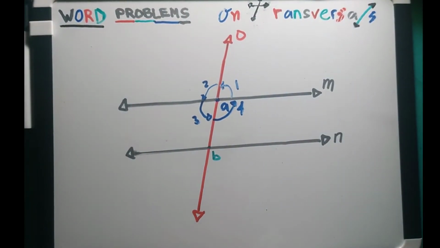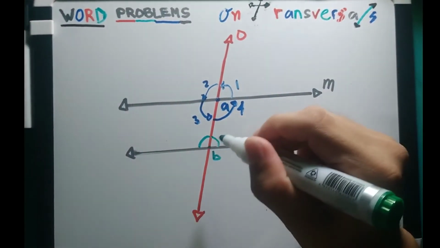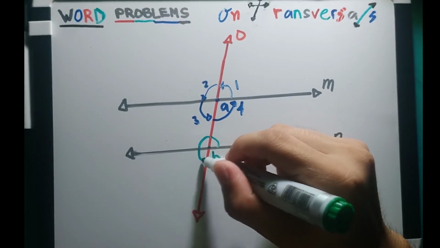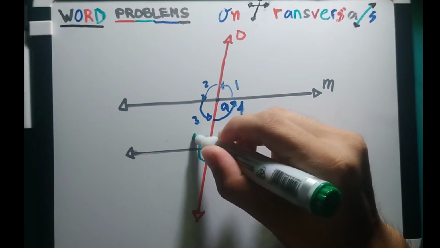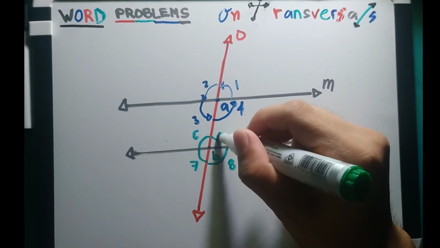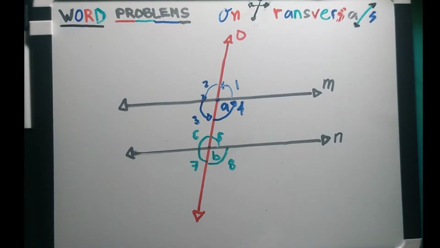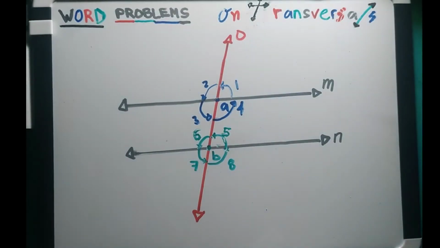For our second point, point B, we have angles 5, 6, 7, and 8. Now we have our 8 angles, 4 angles for each point.